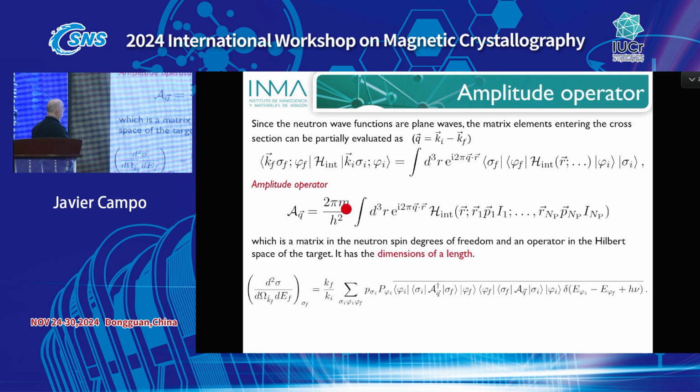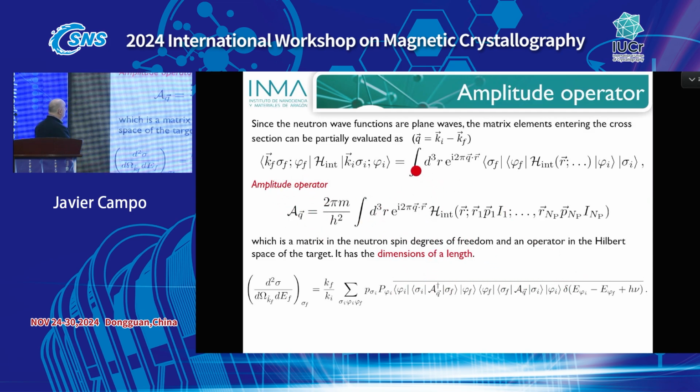It's the same that we did yesterday. It is a matrix because now sigma final and sigma initial are spinors of two components. Then it is a matrix in the neutron spin degrees of freedom and an operator in the Hilbert space of the target. It has dimension of a length.